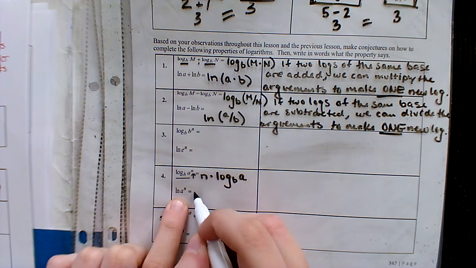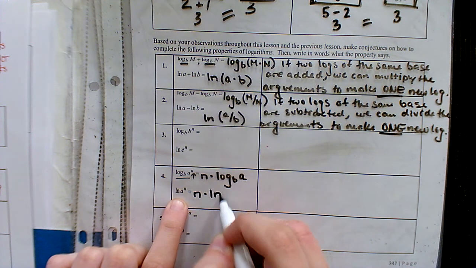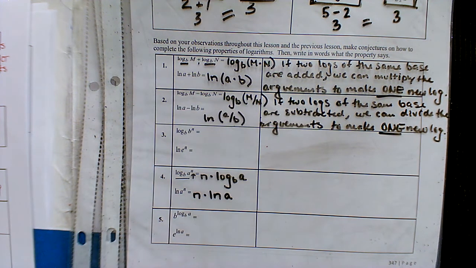We can do the same thing if it's a natural log. We'll bring down that power and make it a multiplier, meaning a coefficient out front.